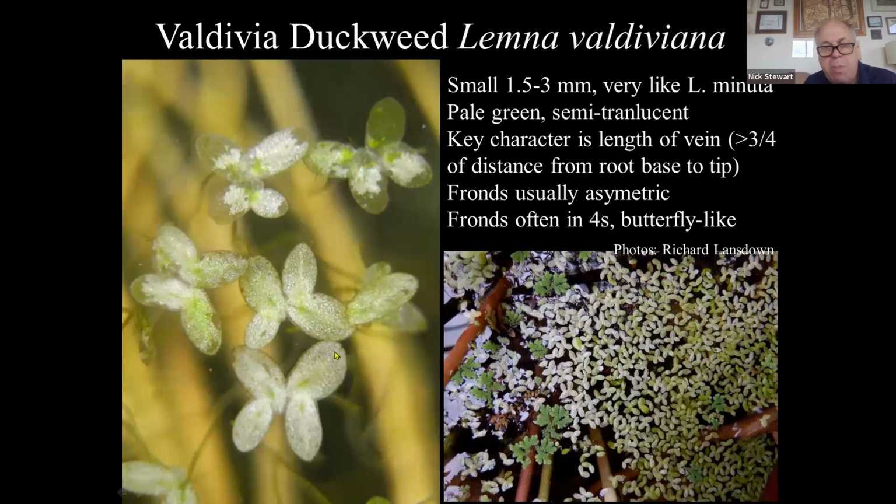Whereas in Lemna minuta, often there's much more asymmetry between the fronds. They tend to bud off one by one, so you'll have one big one and one medium one and a smaller one together. This paired thing is one of the things that picks it out as something different.